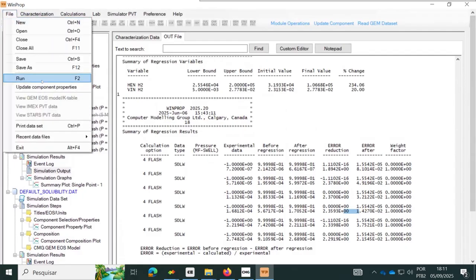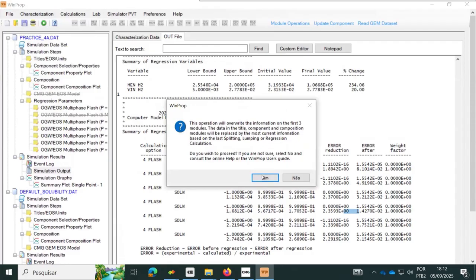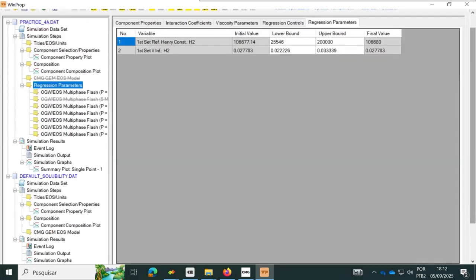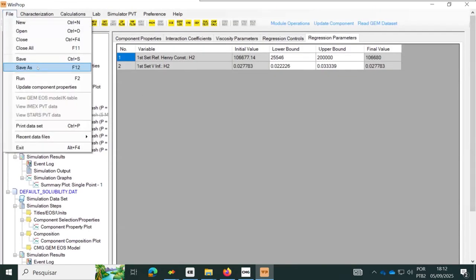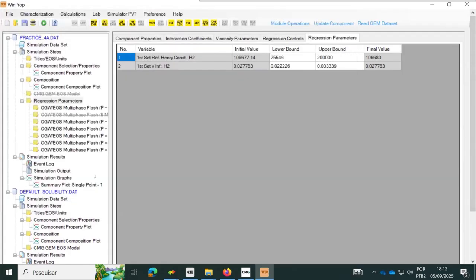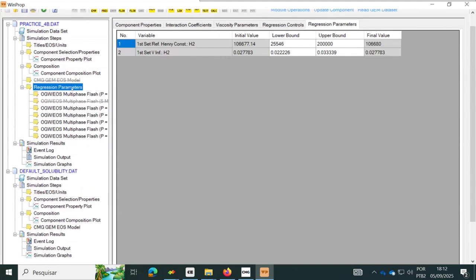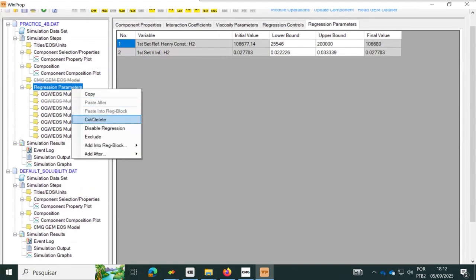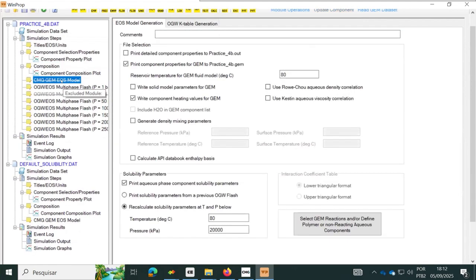Just remember to update the equation and the model, and save as another name, case B. Now you don't need the regression, you can cut. And if you want, you can export your simulation data.